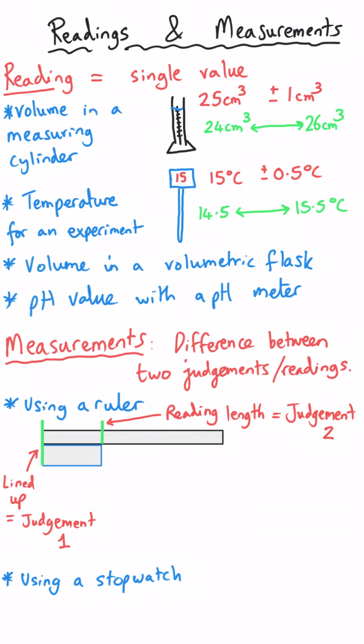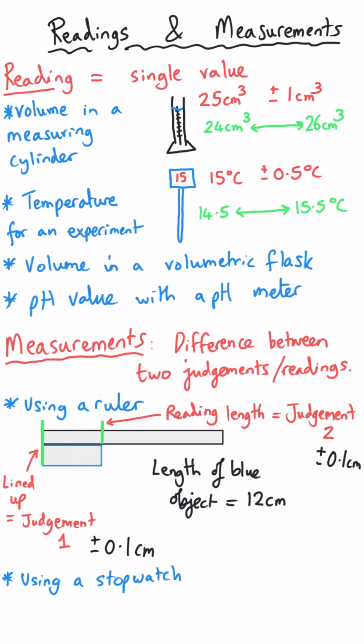And so if we just return to that ruler example, if we think we are measuring something that is 12 centimetres long, but each end of that ruler has an uncertainty of 0.1 centimetres, that means that the reading on the left-hand side might not be correct, and then the reading on the right-hand side might also not be correct by the same amount, 0.1 centimetres, that they could be out at both ends.